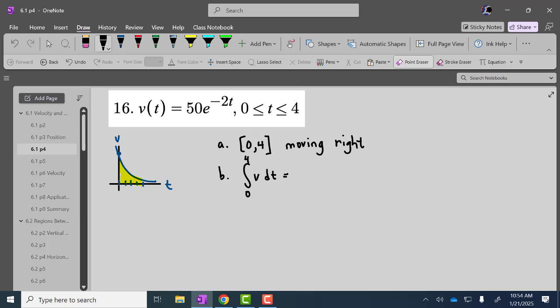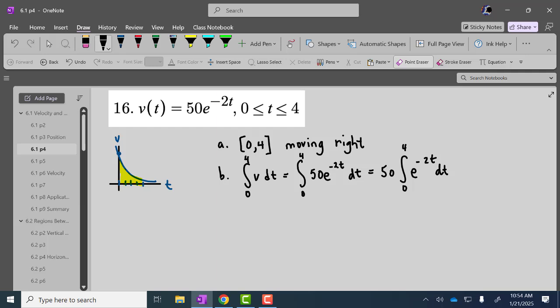Okay, so that means integral 0 to 4 of an exponential. One thing I know about multiplicative constants is that they are very mobile. That multiplicative constant of 50 can come out to the front. So in Calc 1, you learned a technique at the end of the semester for integration called what?